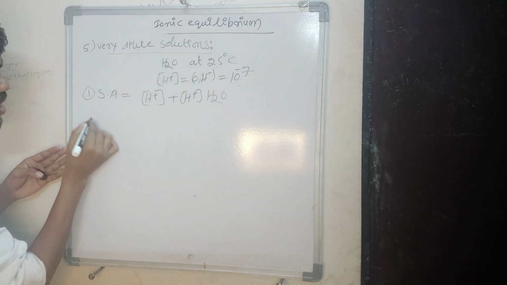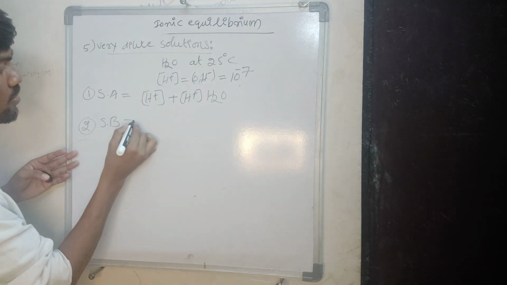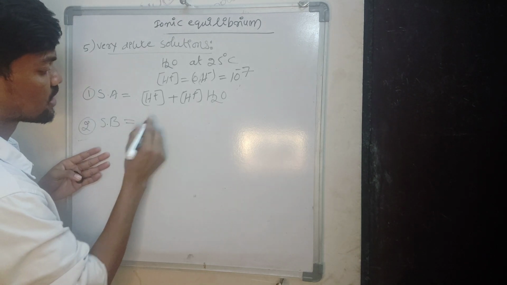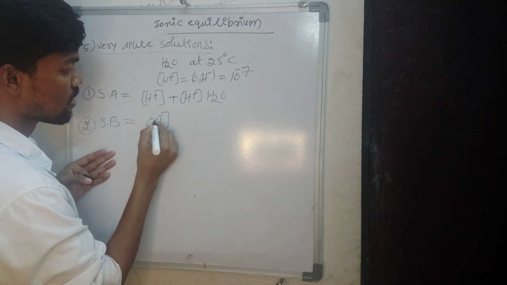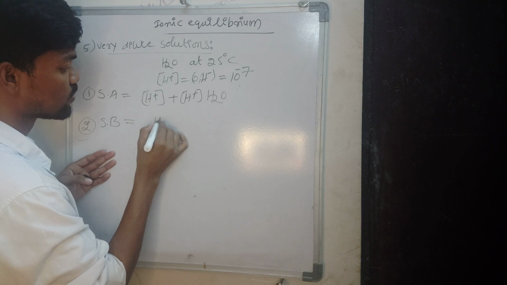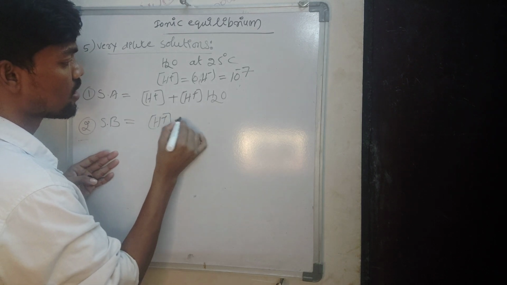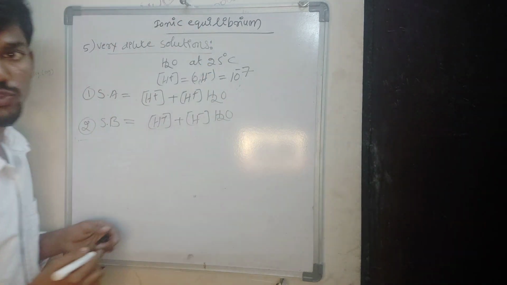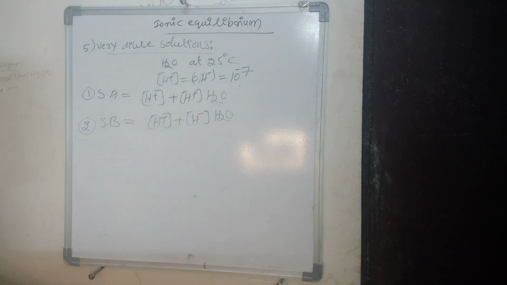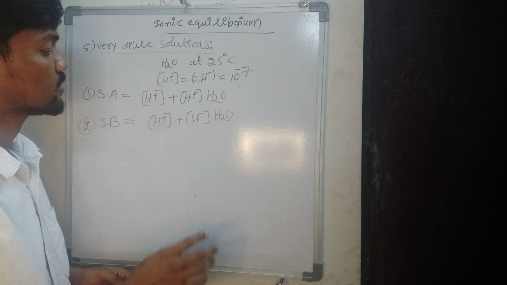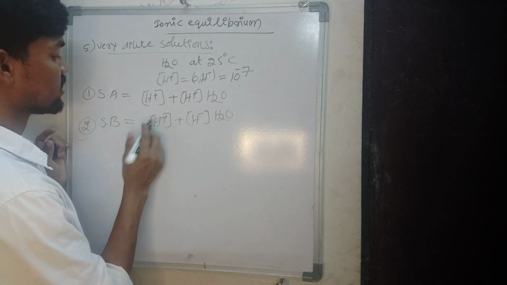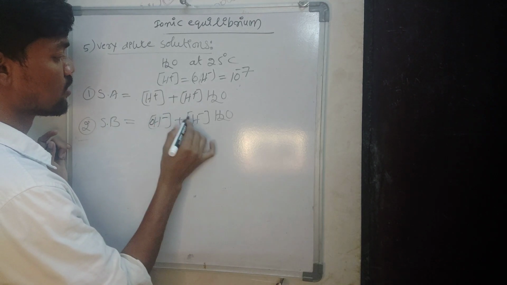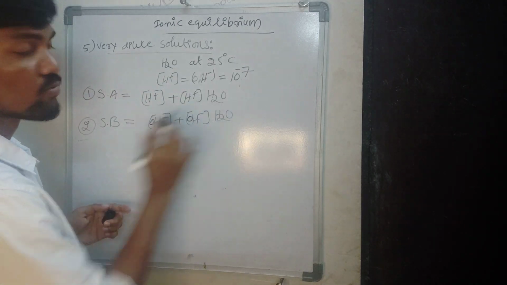Suppose you take a strong base, the OH minus concentration, here also the same, along with the H plus concentration from water. You can easily get it like this. This is the OH minus concentration. Why? Because in a base, it is not the OH minus concentration from the water molecule.